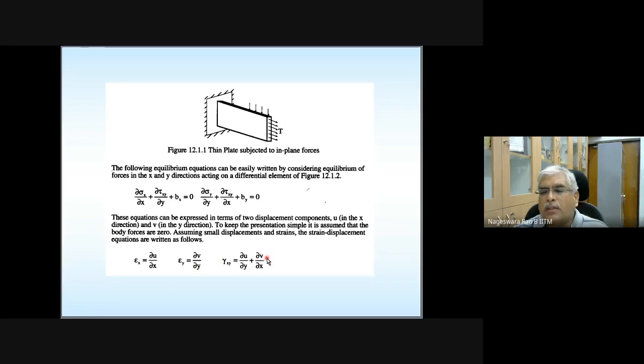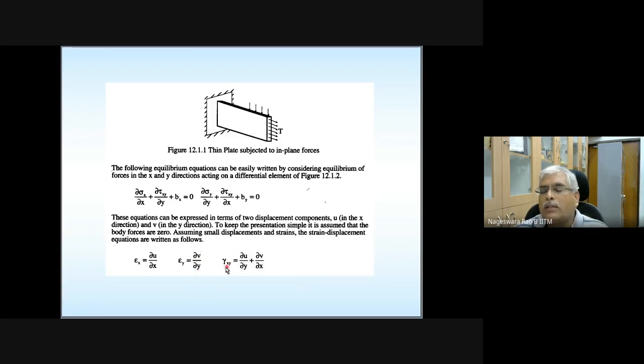Strain is nothing but the slope of displacement along the particular direction. So here epsilon x is the partial derivative of u with respect to x. Why is it a partial derivative? Because u is going to be a function of x and y. Similarly, epsilon y is the partial derivative of v with respect to y.